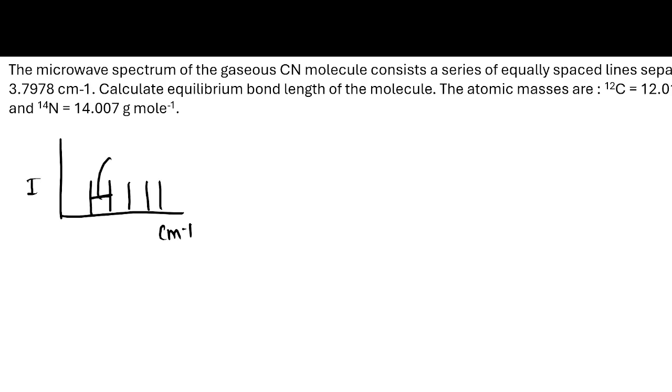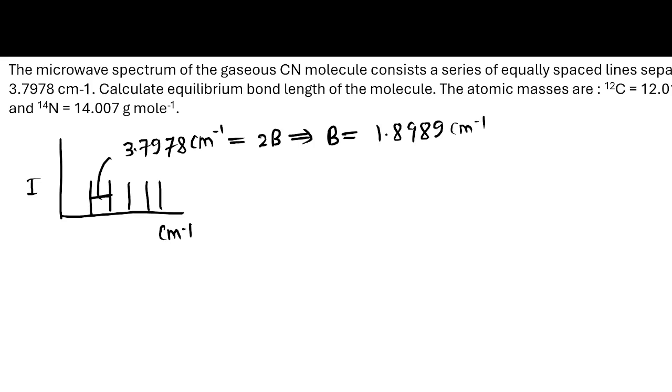This gap is 3.7978, and we know that this gap is nothing but 2b. So b will be 3.7978 divided by 2, which is 1.8989 centimeter inverse.